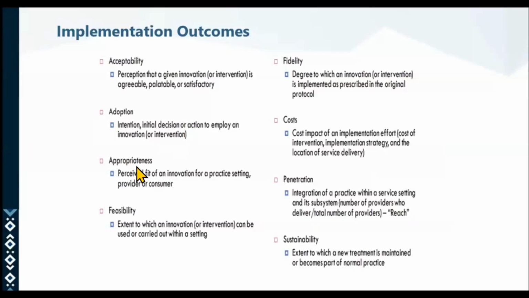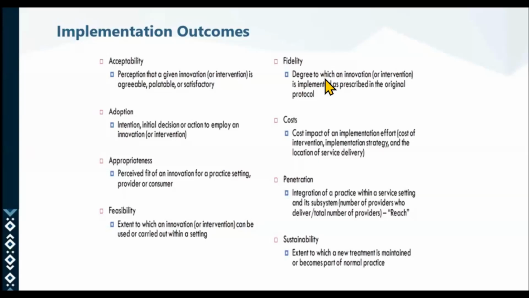We have appropriateness, which is the perceived fit of the intervention in a setting. We also have feasibility. That's the extent to which the intervention can be used or carried out within a specific setting. We have fidelity, which is the extent to which the intervention is implemented as it's supposed to be.